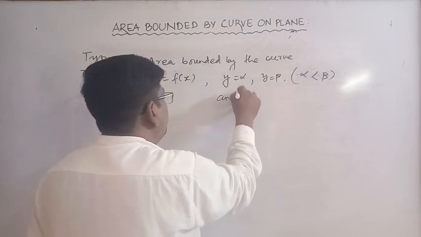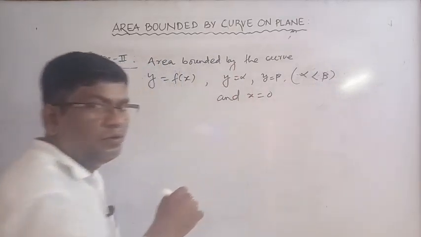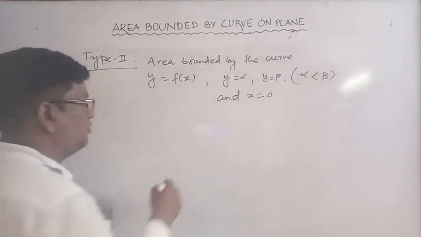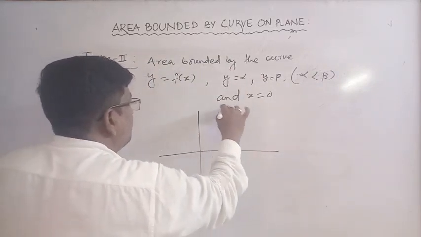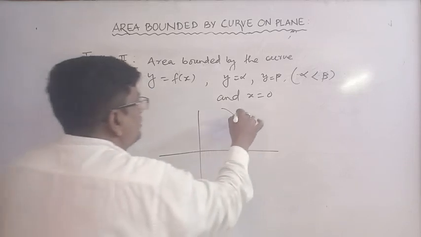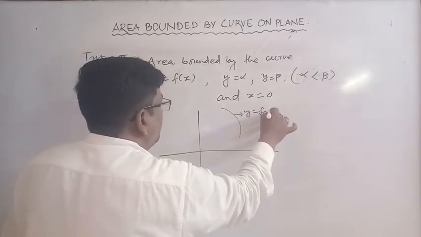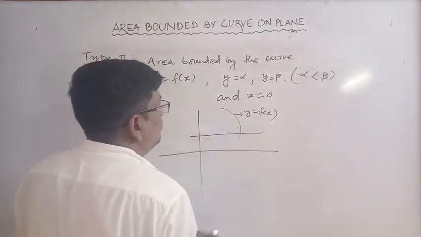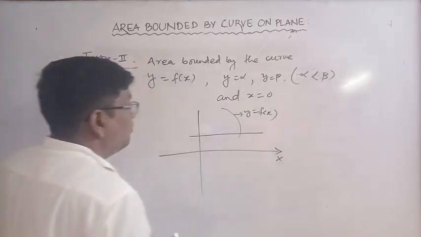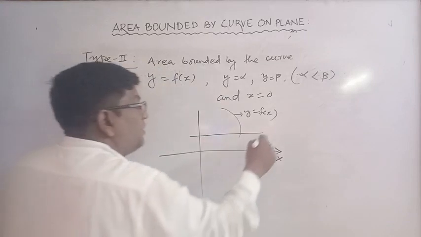The graph is like this. Suppose this is the graph y equal to f of x. Y equal to alpha means the line parallel to x-axis.